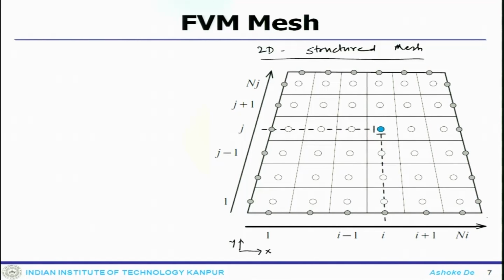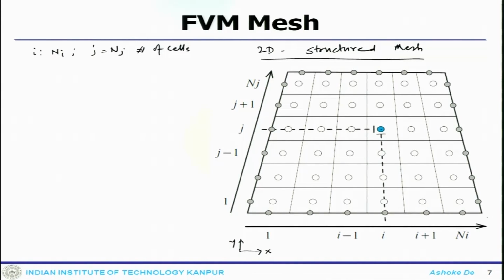So, you can have 1, 2, 3 different elements, they are nicely ordered, and in the j direction it goes from 1, 2, 3 like that. For a particular j and I, you can always find that particular cell element, and the number of cells in I direction is Ni, and in j direction it is Nj. So, that is the number of cells.